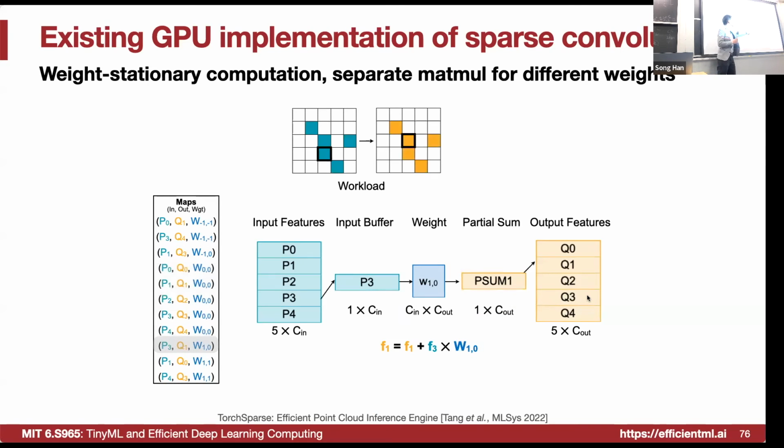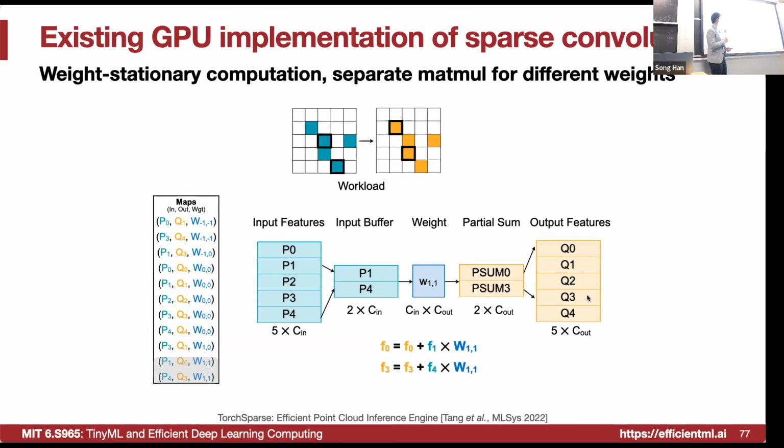For W10, we have only P3, which is going to interact with W10 and produce Q1. And finally, we have P1 interacting with W11, and also P4 interacting with W11 to produce Q0 and Q3. So all this complication shows that we need a proper mapping for the input, the kernel, and the output, and that is not regular.